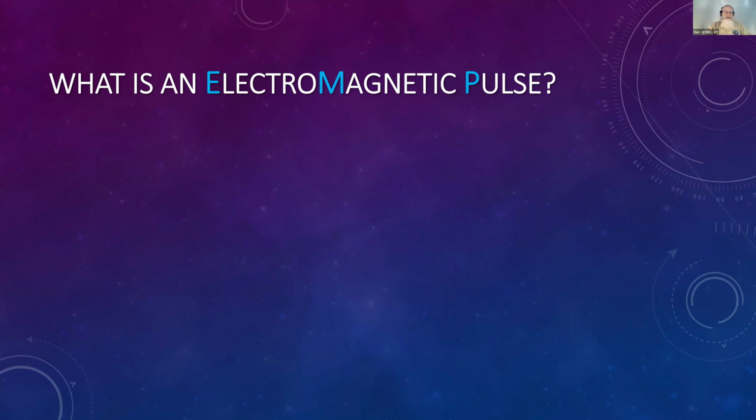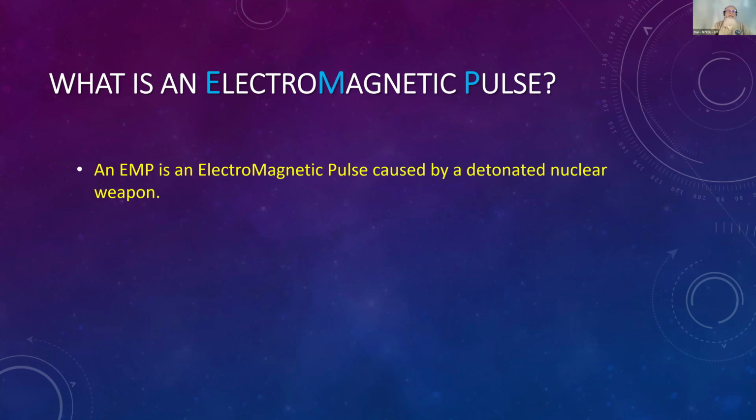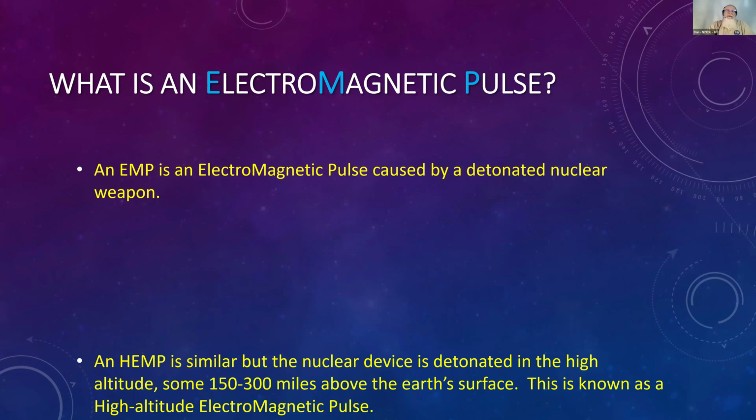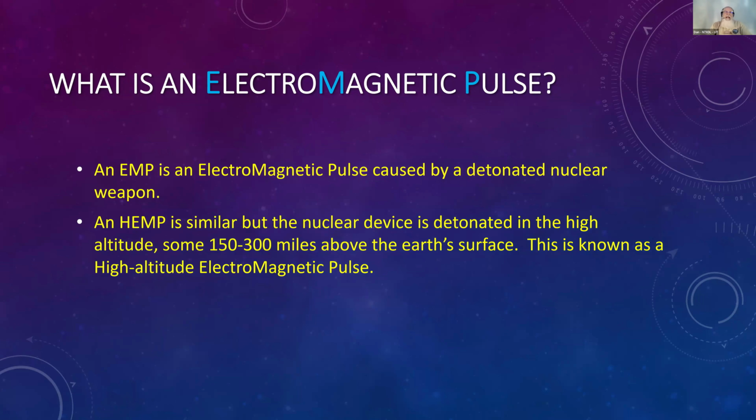So let's start off with the very first question. What is an electromagnetic pulse? Well, an EMP is an electromagnetic pulse caused by a detonation of a nuclear device. It's typically a nuclear weapon. An HEMP is similar, but the nuclear device is detonated at high altitude.